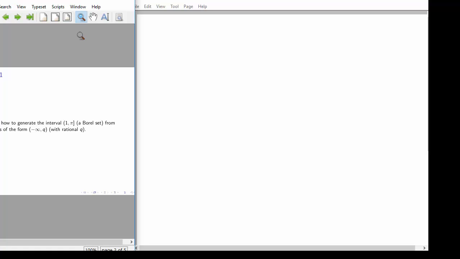So the first challenge is to make an interval that is open at the left end, closed at the right end, and has an irrational number as its right endpoint.